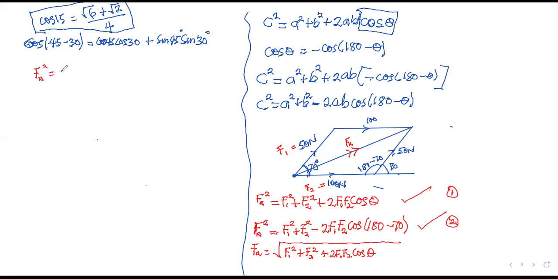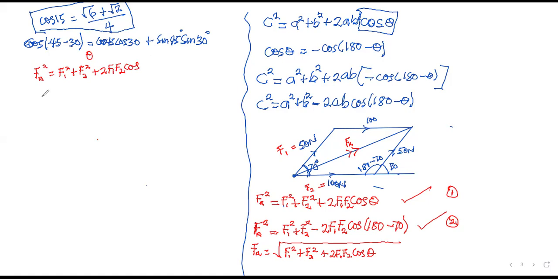If you use the corresponding acute angle, it must be minus. So if the angle between the forces or vectors is theta, then FR squared equals F1 squared plus F2 squared plus 2F1F2 cos theta.